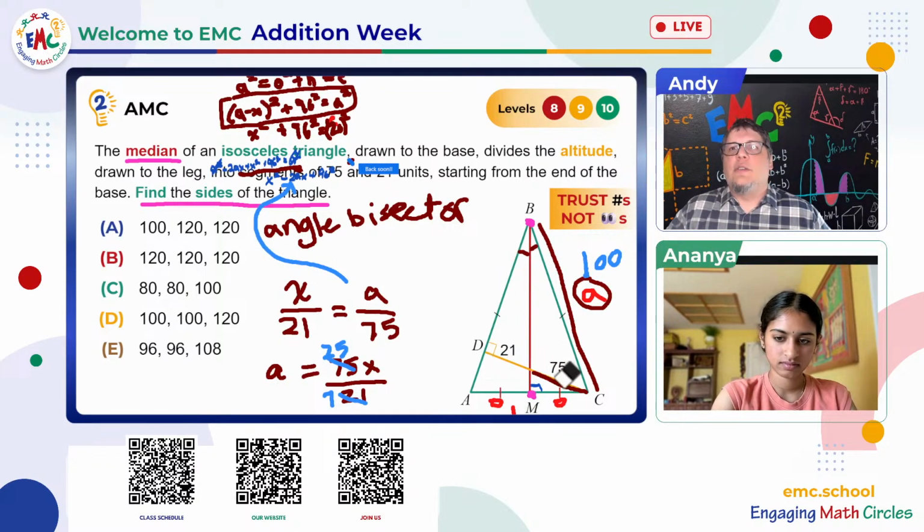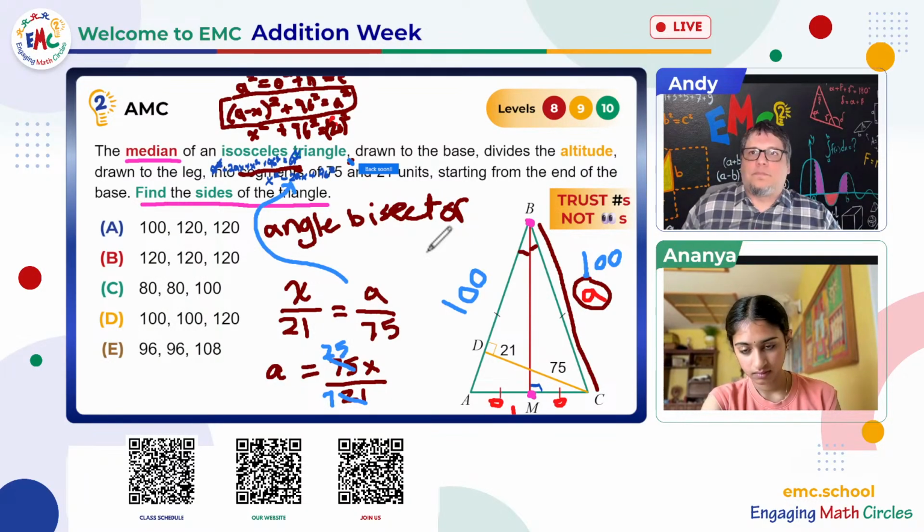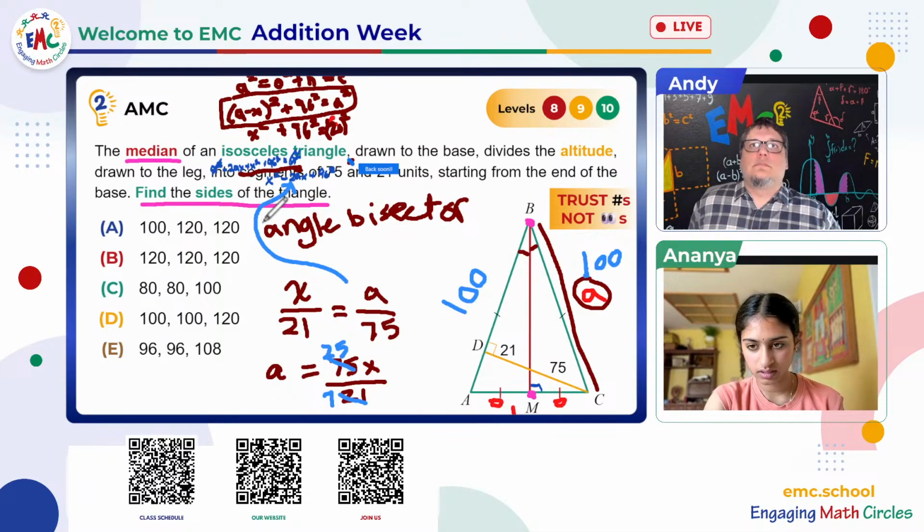Okay, once I know that these are 100, how can I find the bottom? The bottom, we just use the Pythagorean theorem again. Right.